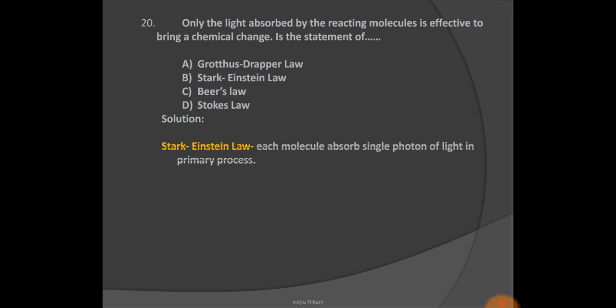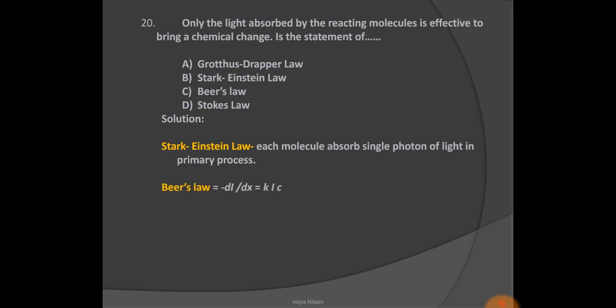Let us see one by one. What is Stark-Einstein law? Each molecule absorbs single photon of light in primary process. It is also called as a law of chemical equivalence or second law of photochemistry. What is Beer's law?